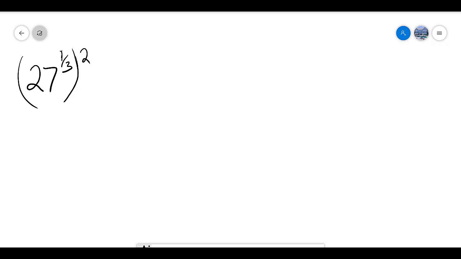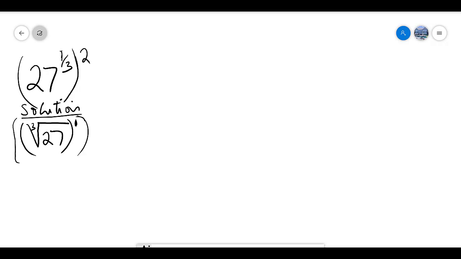First thing, you could have the cube root of 27 raised to the power of 1. Now remember that you have another raised to the power of 2.